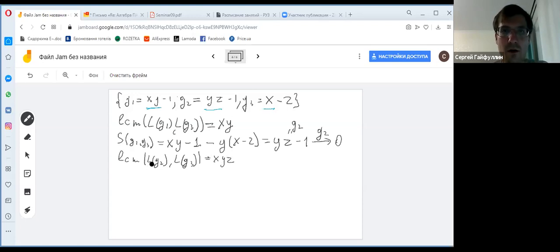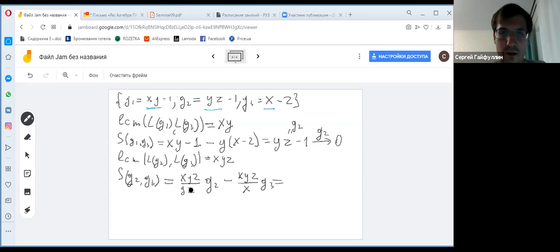Now I can say that the S polynomial of G2 and G3 is equal to xyz divided by yz multiplied by G2 minus xyz divided by x multiplied by G3.